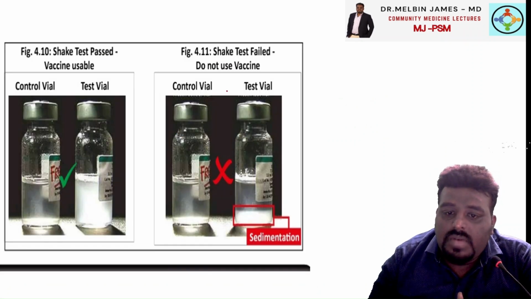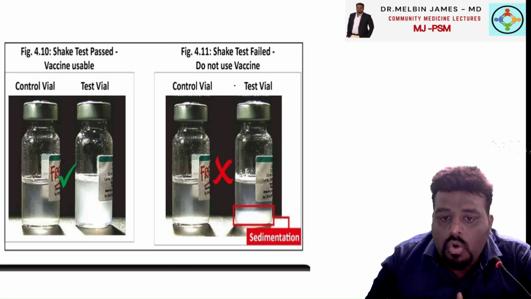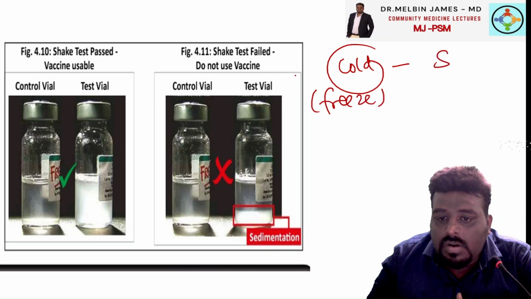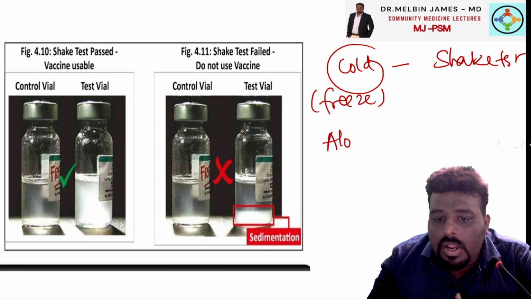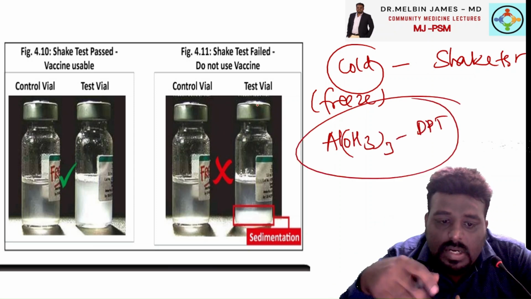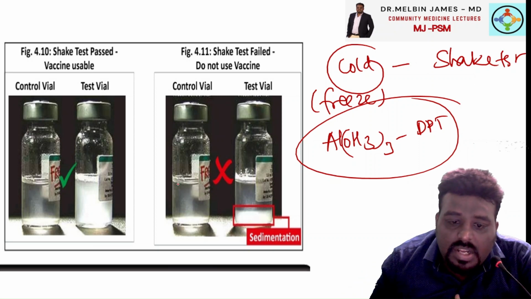And if the vaccine has been destroyed by cold, that is freezing, we have something called the shake test. As I said, there is aluminum hydroxide present in the DPT. If it gets settled down, you will have this sedimentation.